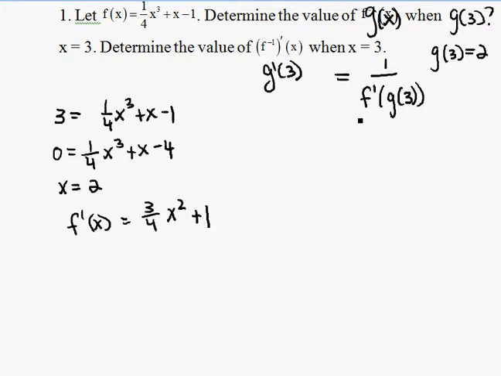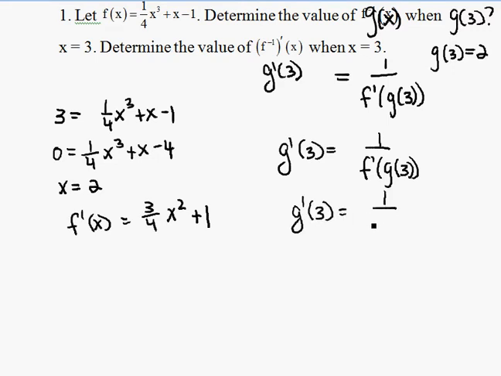So using this expression here, g prime of 3 is equal to 1 over f prime of g of 3. We determined g of 3 is 2. So g prime of 3 is equal to 1 over f prime of 2. So therefore, really, the derivative at 3 of g is equal to 1 over the derivative of f at 2.